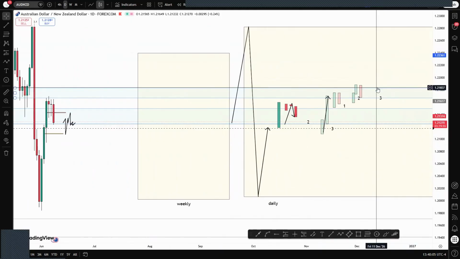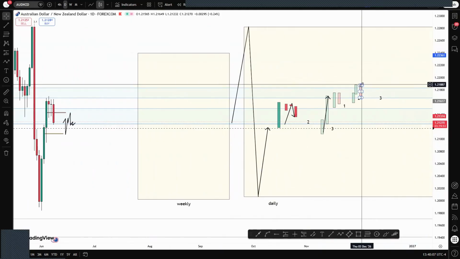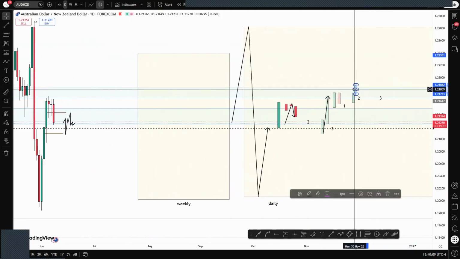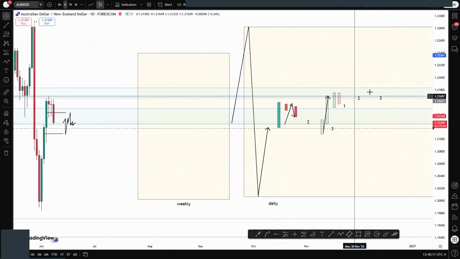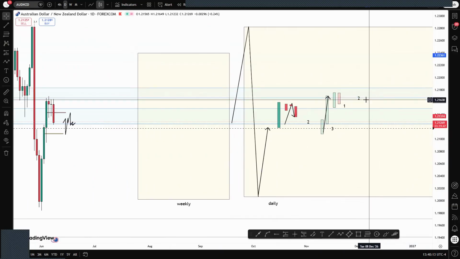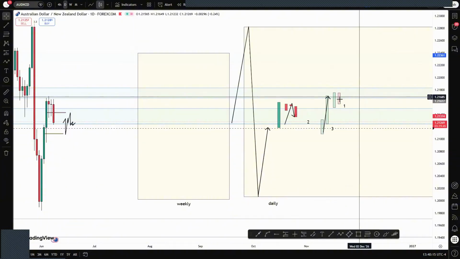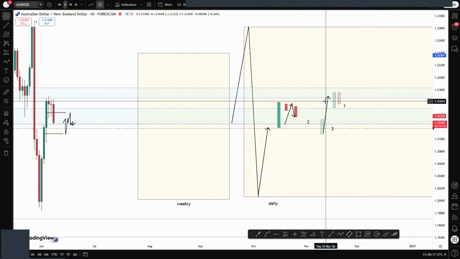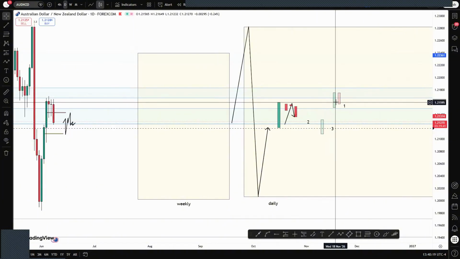So let's just remove them because price is likely going to respect these points. So I don't confuse you.